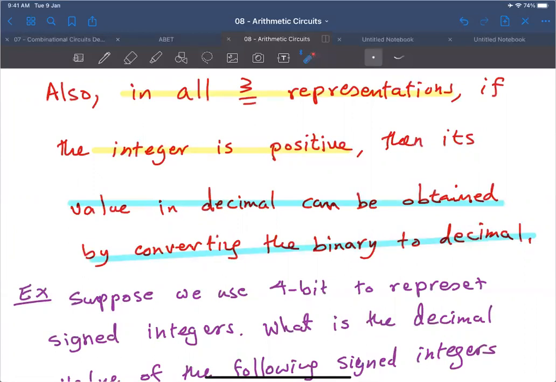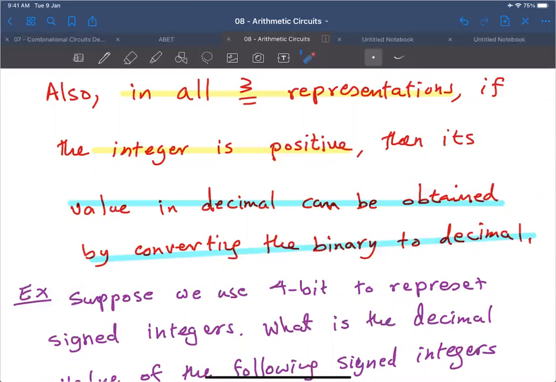So the representation of positive numbers is invariant with respect to the representation. Whatever representation you use, positive numbers are going to be the same for all. The only difference is in representing negative numbers. For positive numbers, you are going to get the same bits for all the representations. However, for negative numbers, each representation will store them in a different way.